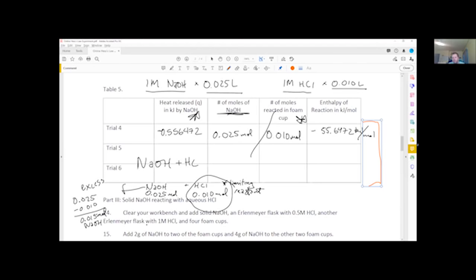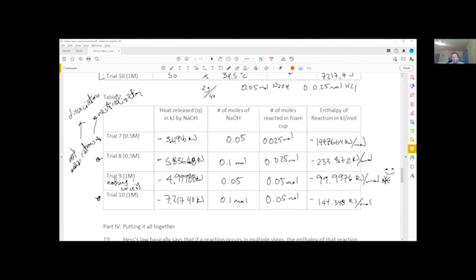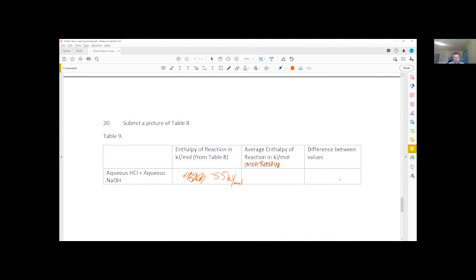So you're going to take these 3 values and figure out the average. Here it's negative 55.6472, and what we're looking at is a difference of 0.6472. So we're comparing a theoretical and an empirical value.